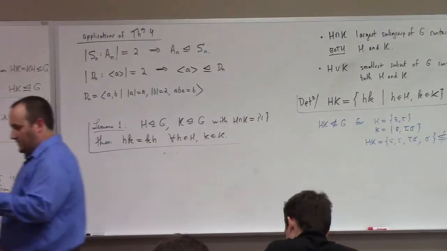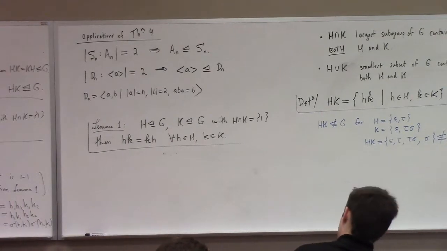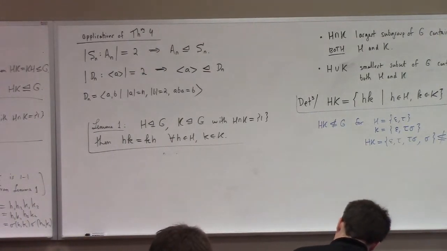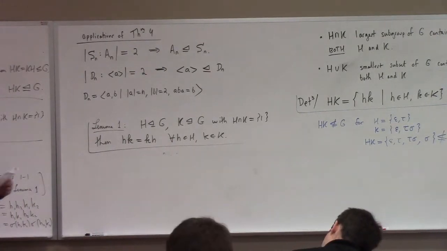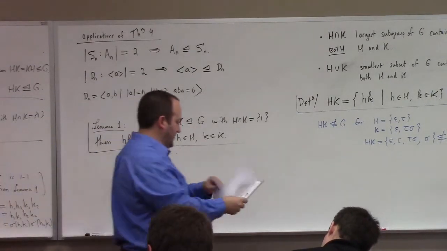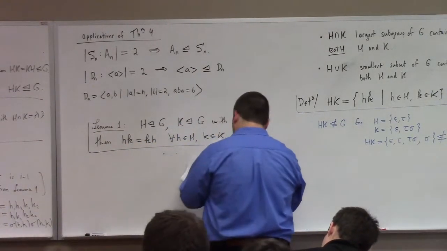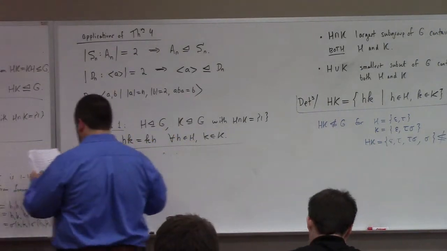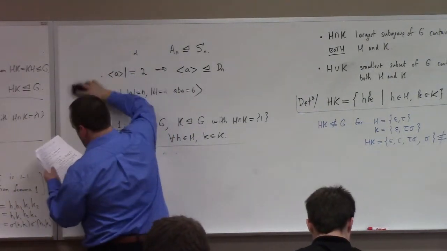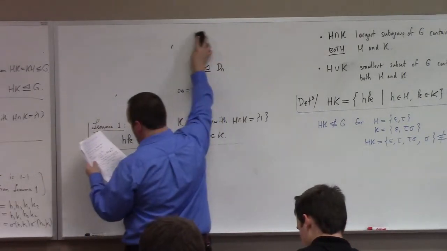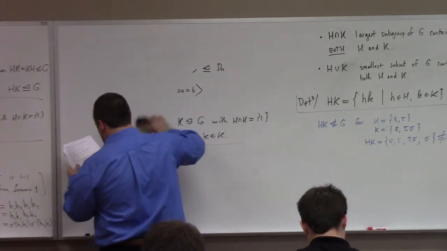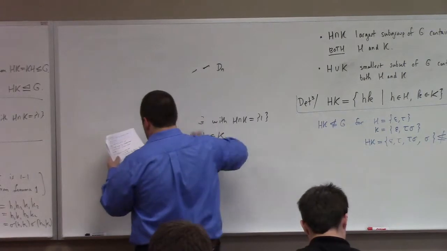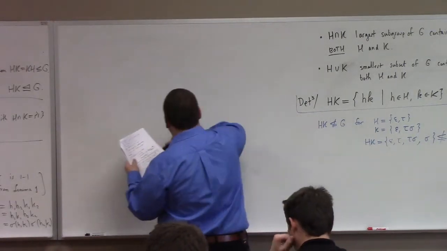Getting to the point here. This has corollaries. Corollary 1 is that if G is a finite group, and you have subgroups H and K that intersect trivially, then the order of HK is the product of the orders of the subgroups.